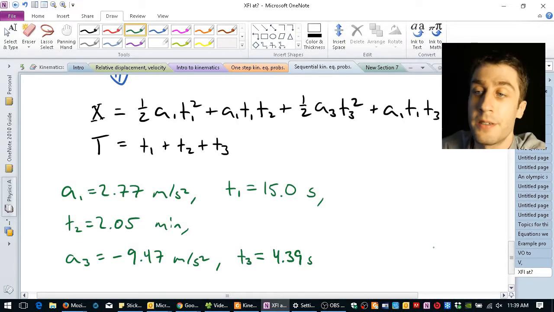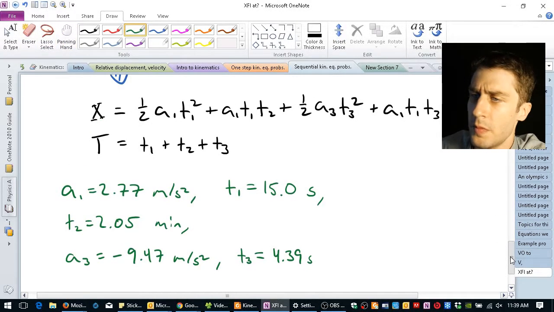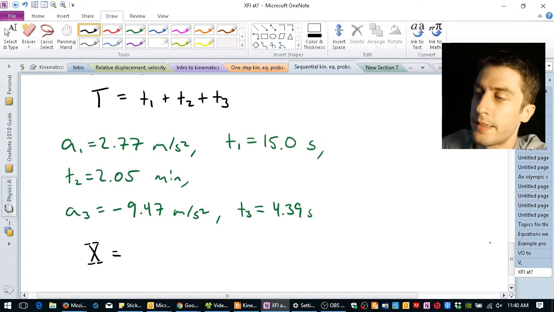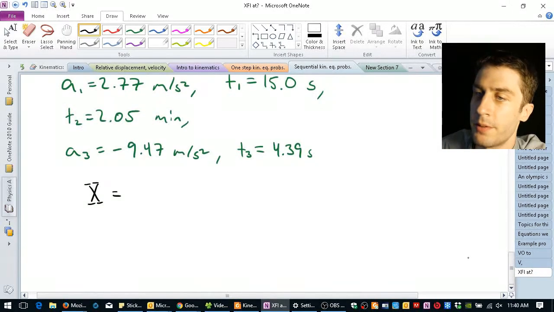And so really all we have to do is plug these in to our values here for capital X and capital T. So for capital X, let's do this in black. Capital X is equal to 1/2 A1 T1 squared.